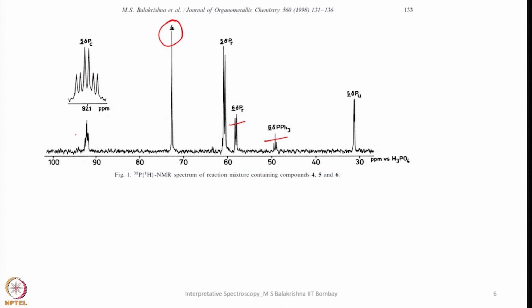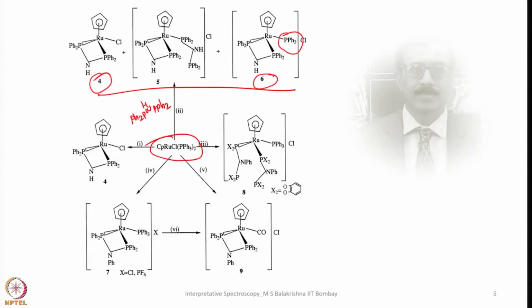Then we are left with one here, one here, one here for product 5. So what is that product 5? In product 5, we have one dangling phosphine acting as a monodentate ligand. So this is different and this is different, and these two are identical. So we are anticipating 3 signals, and here this phosphine is farther away from the bisphosphine. As a result, this can just couple with the coordinated phosphorus to show a doublet.